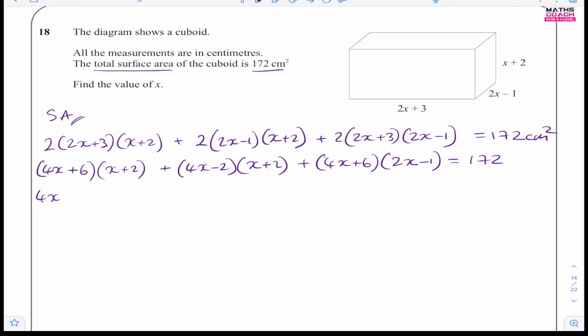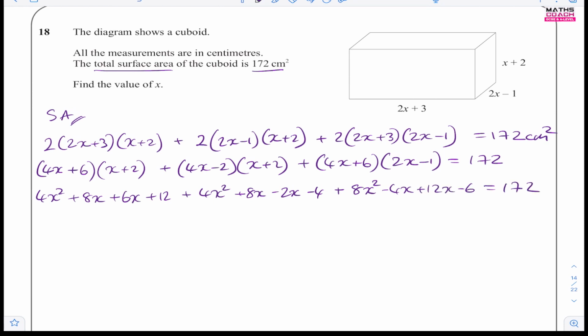Now I'm just going to expand these brackets together. So here I get 4x squared plus 8x plus 6x plus 12. Next one I get 4x squared plus 8x minus 2x minus 4. Finally on the last one I get 8x squared minus 4x plus 12x minus 6, that's equal to 172.